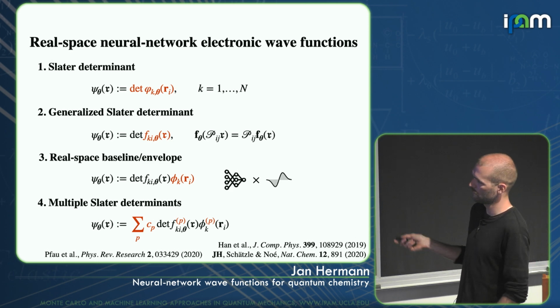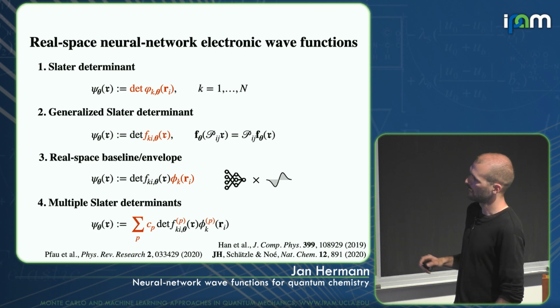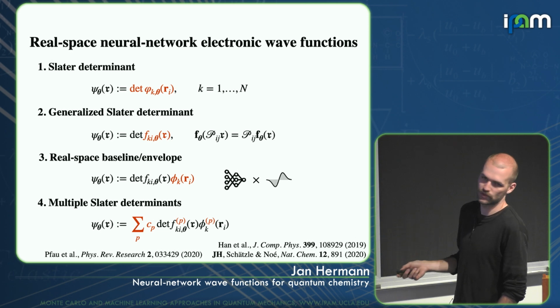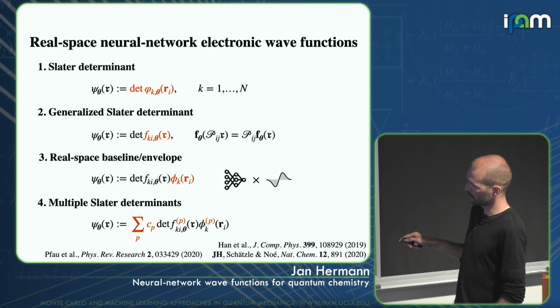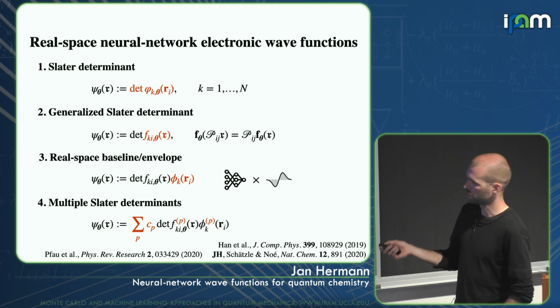The common framework is that you start with a single Slater determinant, and that's your starting point, right? So your first attempt could be that you have these orbitals, which are maybe represented by a neural network, you have n of them, and you have electrons, and you form a matrix and take a determinant, and that's your antisymmetric function.